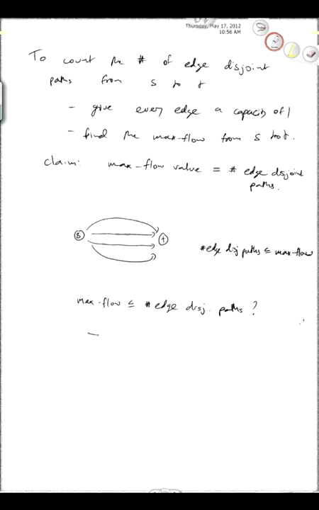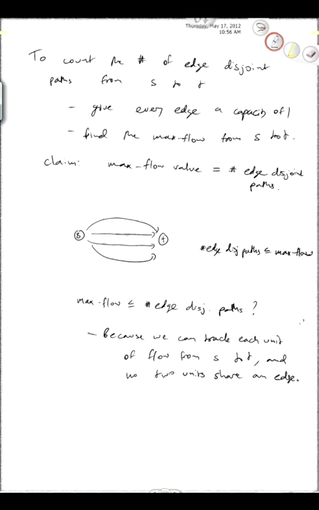The reason for this is because we can track each unit of flow from S to T, and no two units share an edge. We know for a fact that no two units share an edge because we made all the edges have a capacity of 1, which means that every edge can only support at most 1 unit.